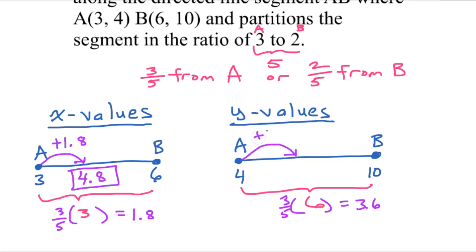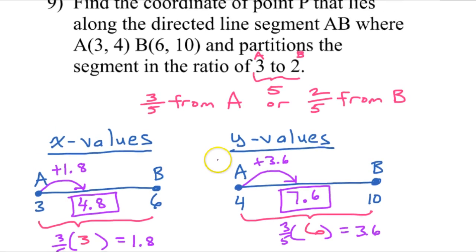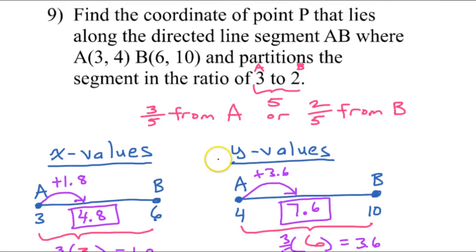So I'm adding 3.6. What is 4 plus 3.6? That is 7.6. Okay, so I've now found the X value and the Y value of my partition. So the final answer, if I can squeeze this in here, I'll just put the final answer right here next to it.